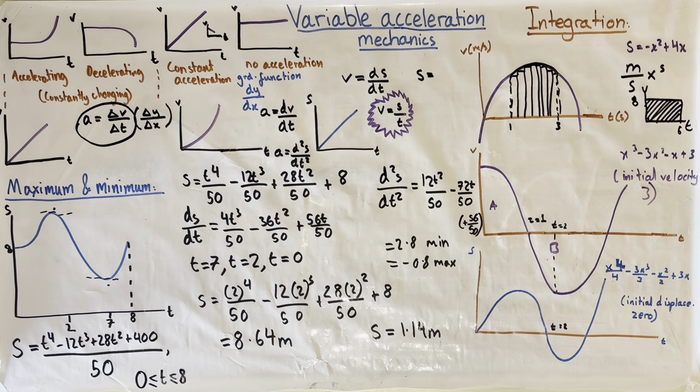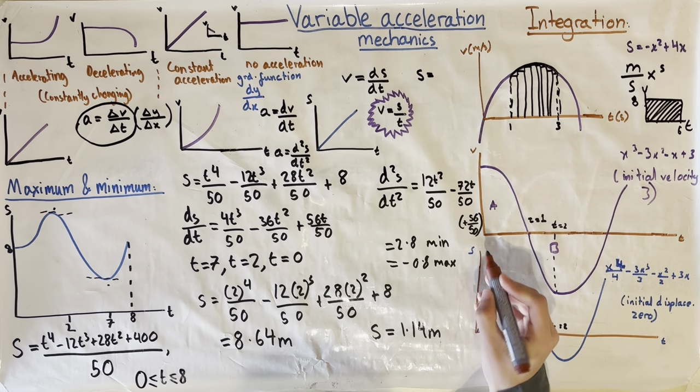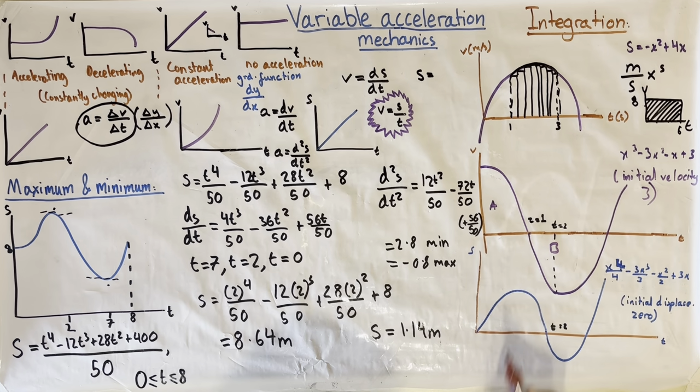And one thing you're going to have to be aware of is that when a velocity time graph goes from the positive y-axis to the negative part of the y-axis, that means there's a change in direction, because velocity is a vector, which means its magnitude in a given direction. So when it's going from a positive value to a negative value, it's essentially going in the opposite direction from where it started.